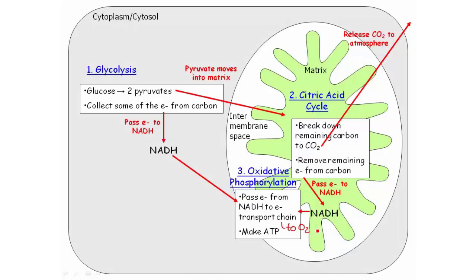Oxidative phosphorylation really has two halves to it because we will be running the electron transport chain where the energy will be released from the electrons, and then we'll have the second half, which is going to be called chemiosmosis, and in that process we will be taking the energy that is released and we will be using it to actually make the ATP.